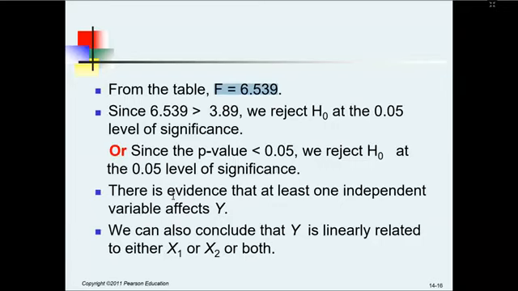So when it is rejected, at least one of the regressors, X1 and X2, is contributing significantly to the prediction of Y. What it also means is that we can conclude Y is linearly related to either X1 or X2 or both of them. So that is the interpretation.